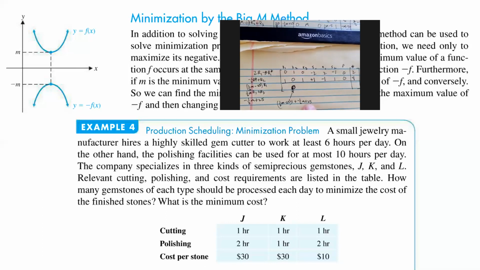Negative 25 plus 25 is 0, okay? Now we need to do each of these individual pieces. What's nice is that's 0. Anything times 0 is still 0, and this will be 20. And x sub 3, 0 times anything is still 0, plus the 0 we originally had up here.